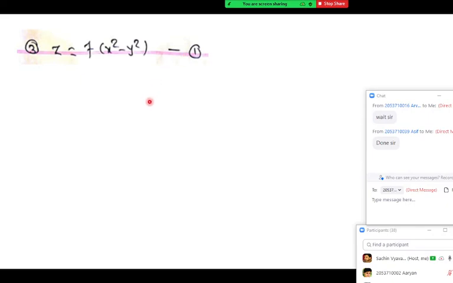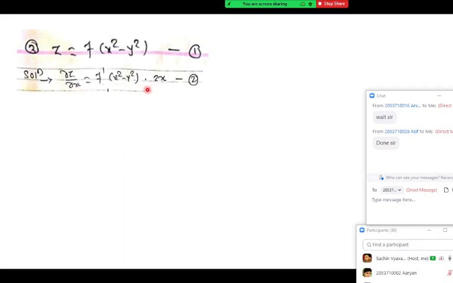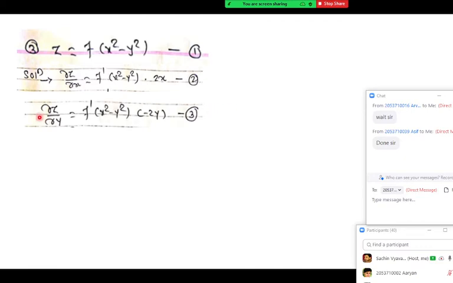Similarly, differentiating with y, dou z by dou y is equal to f dash of x square minus y square into the derivative of the bracket, that is minus 2y. Don't forget to write minus 2y. Now we have equations 1, 2 and 3 and our aim is to eliminate the arbitrary function f. So what should be done?